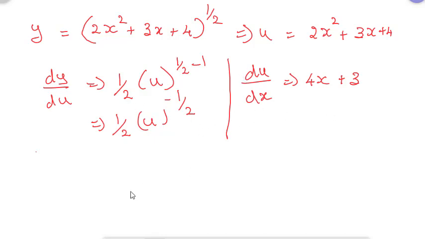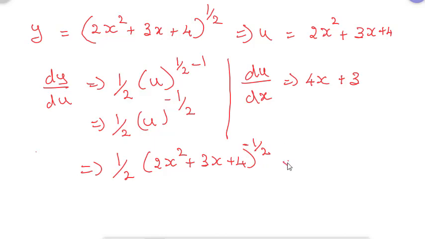Now I have to multiply these values. So half u, I substitute the u value here, so it's (2x squared plus 3x plus 4) power of negative half times (4x plus 3). You can see it's a power of half, which means you can simply write the whole root.